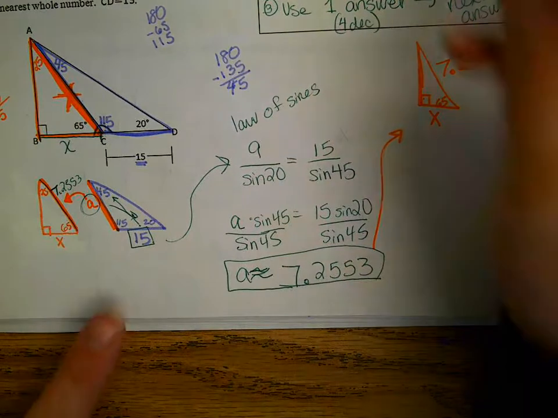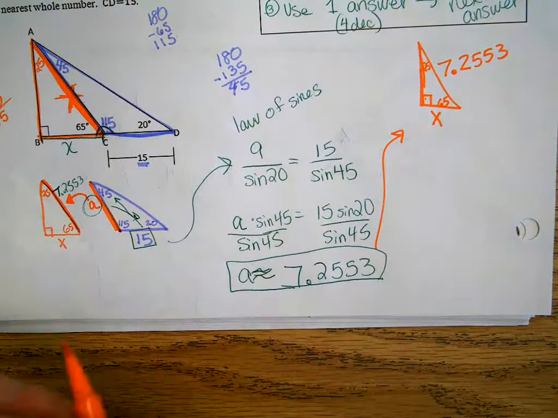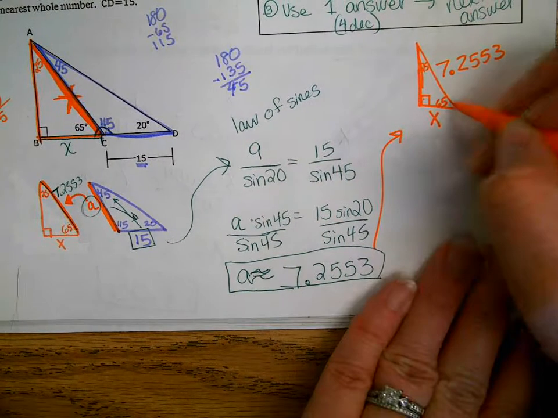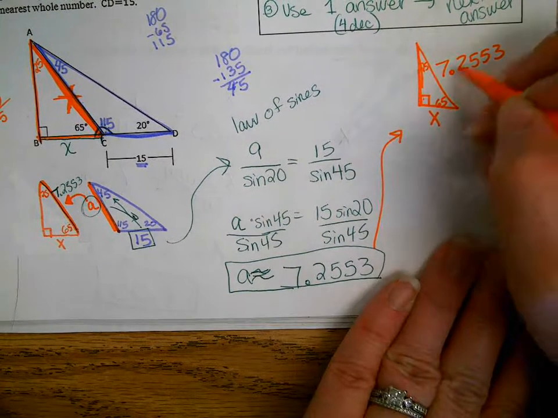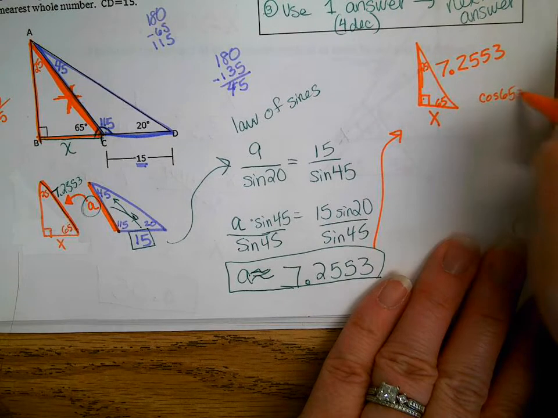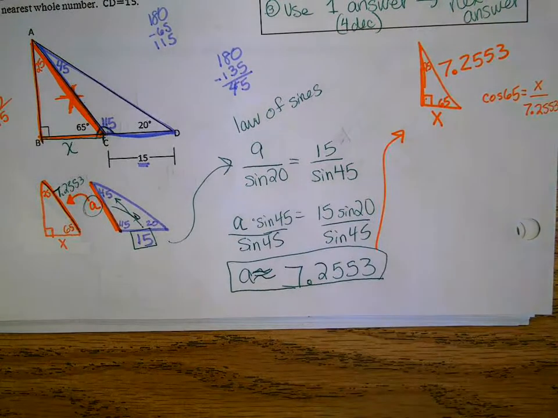Okay. Now there is a 25 kind of hidden up here. We could use law of sines. Okay. So what I'm going to talk about is this is a trig function. We have the adjacent side we're looking for. We have the hypotenuse. So we could say cosine 65 equals x over that 7.2553 and cross multiply. But I'm going to set up another law of sines here.